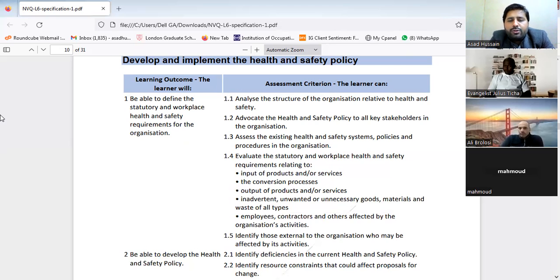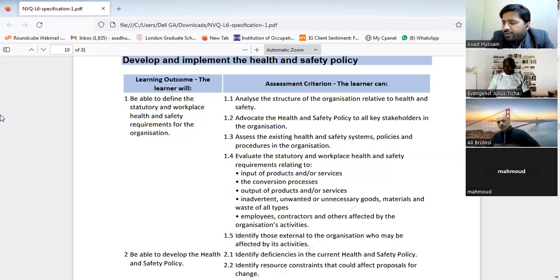If someone does not have clearly defined roles and responsibilities in their health and safety policy, then you will move to the employees' job agreements, because in each job agreement you can see clearly designated roles and responsibilities, which confirm how the organization is managing the responsibilities of all the workers at different levels.